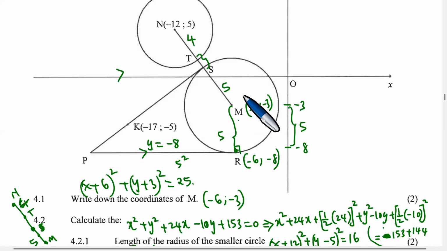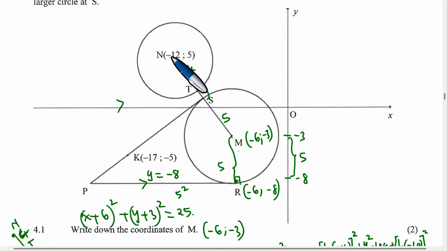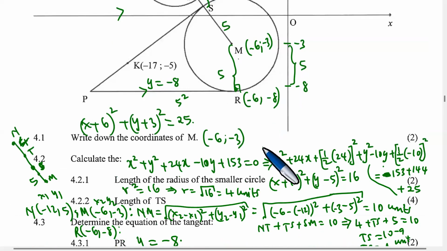Right, to find that one, we need to find the gradient first, the gradient of PS. But first we can easily find the gradient of NM. N has the coordinates minus 12, 5.